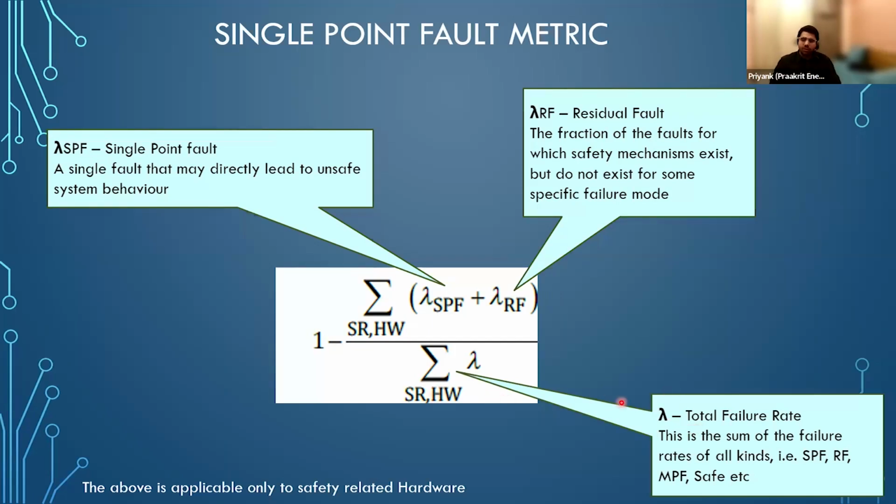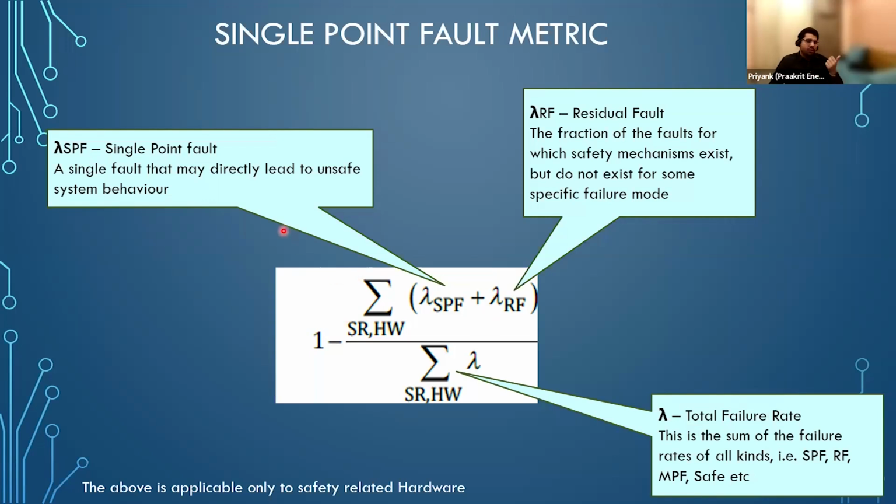The denominator here, lambda, is the total failure rate. This is the sum of all kinds of failure rates, the ones which are SPF, which are RF, which are multi-point faults, safe faults, and so on. If you think about it, SPFM is nothing but a representation of the coverage of the faults of your system.